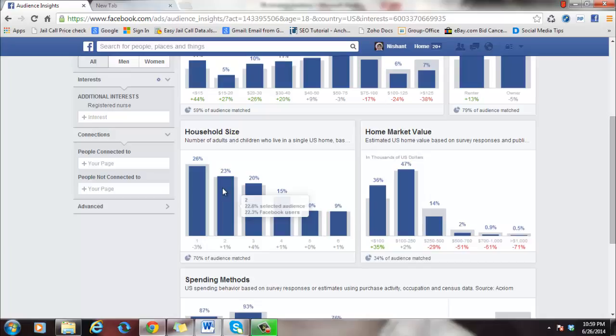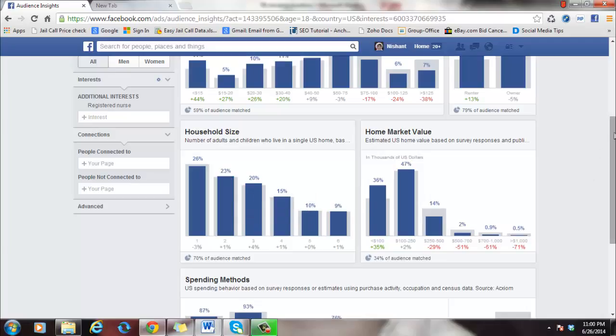The more people you have, the less disposable income you have. So you could potentially create an audience from the people that only have one or two people in their household, and split test this versus the other audiences that you have, because this is the information that Facebook has provided you.